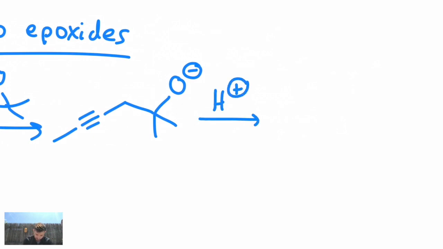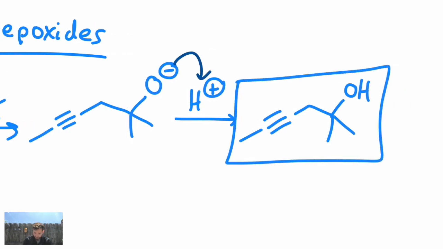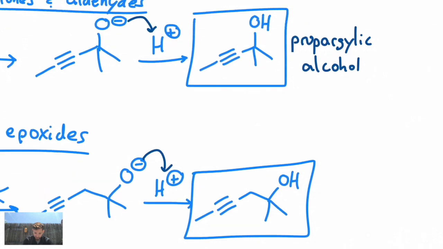So there's a second step in acidic workup where we protonate and get an alcohol. This is actually similar to a propargylic alcohol, but it's homologated. It's one carbon lengthier.